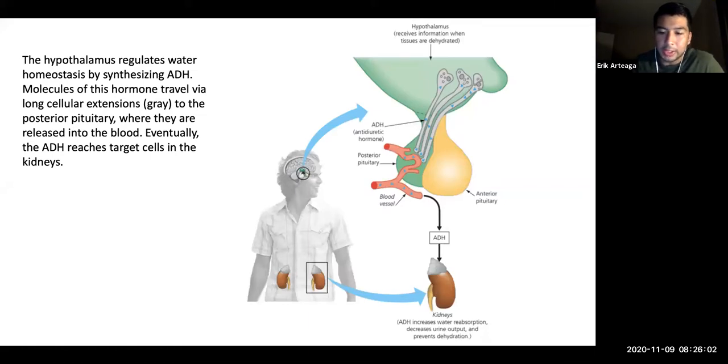So the kidneys will then respond to the exposure to that hormone. So this increases water absorption and decreases urine output, okay? So it prevents dehydration, okay? So again, the hypothalamus is receiving that information, and it controls the release of the antidiuretic hormone from the posterior pituitary gland, okay?